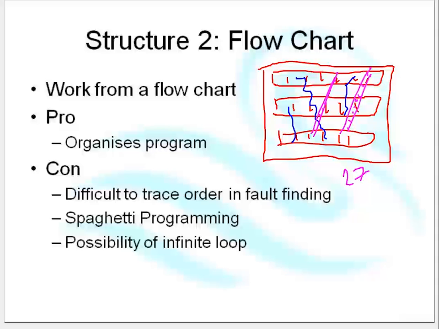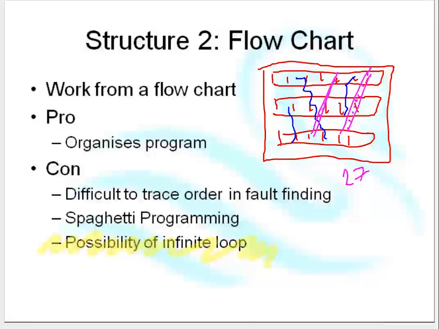But the biggest worry of all about this type of programming is that there's a serious possibility of an infinite loop. And if you get an infinite loop, it will go off and just continuously check the reticulation while the nuclear reactor overheats and the warheads fire off, because they're not being checked.